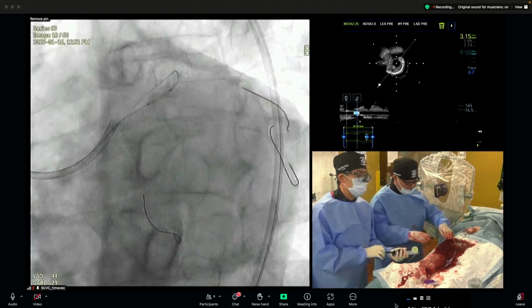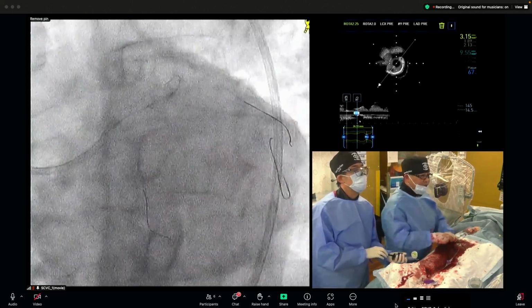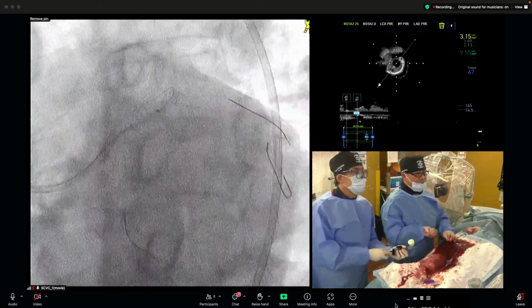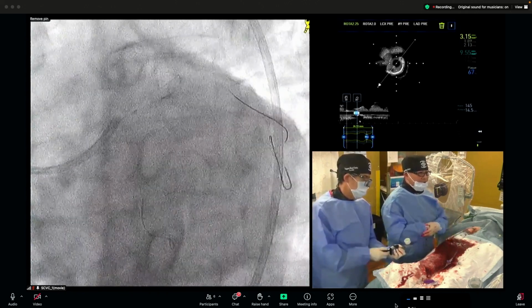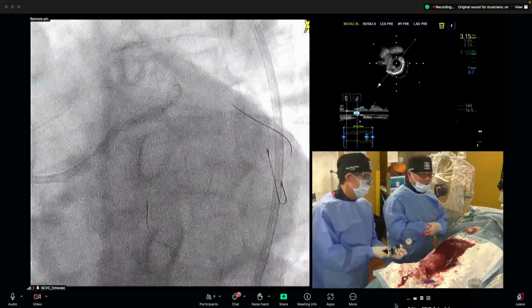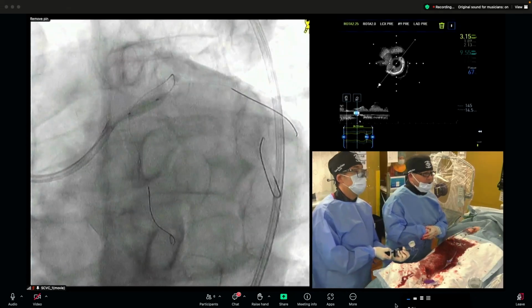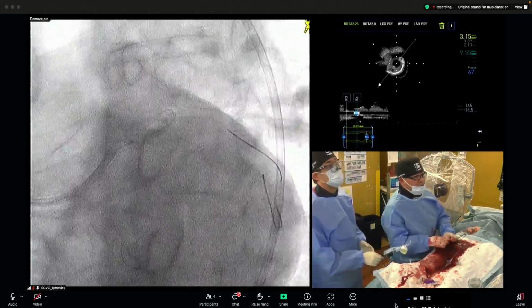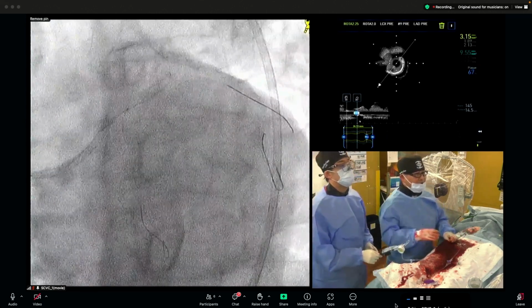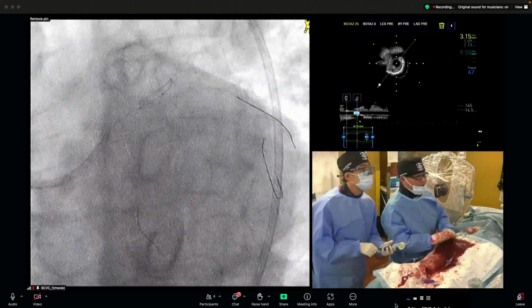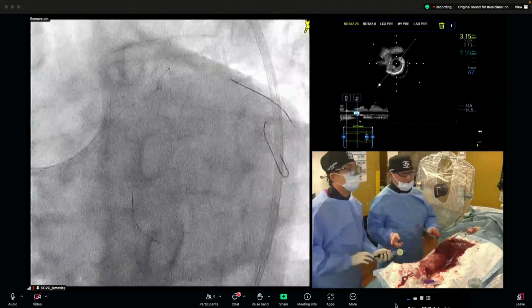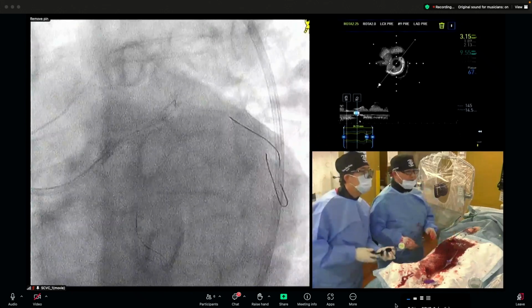Deflation. Still, the indentation is there. Inflation 14, 20. Okay, deflation. It's good. So after rotablation, with more than 0.5 balloon-to-artery ratio, a cutting balloon with high pressure can work well to make cracks.